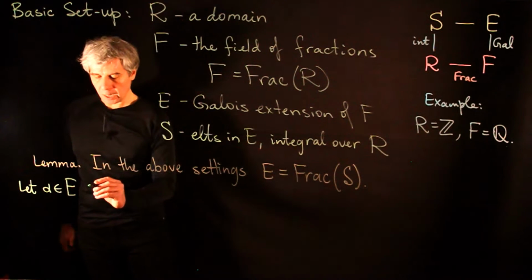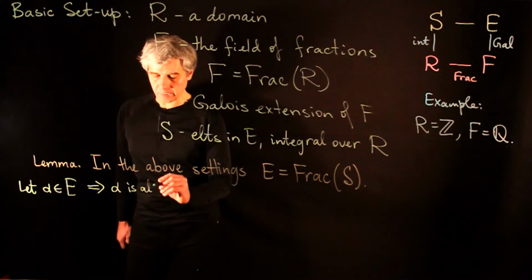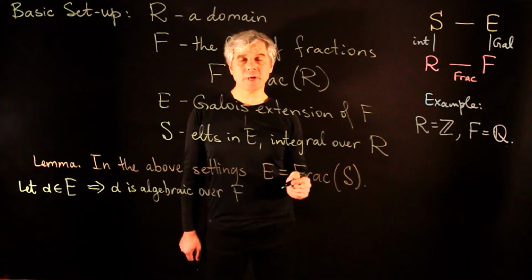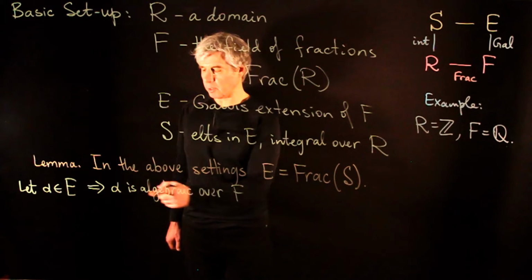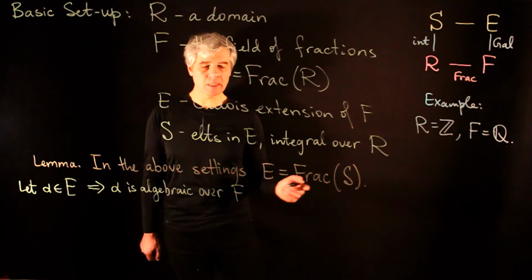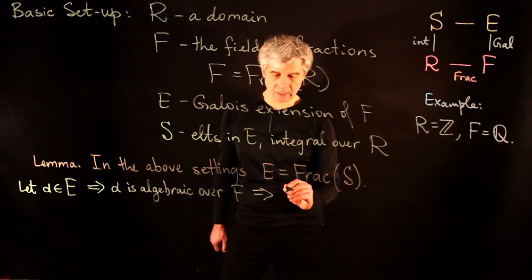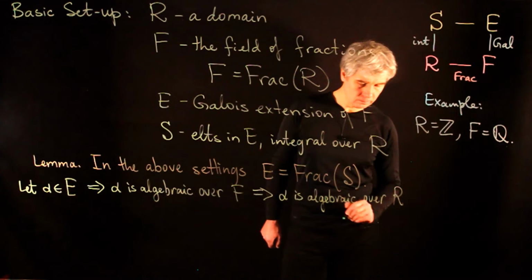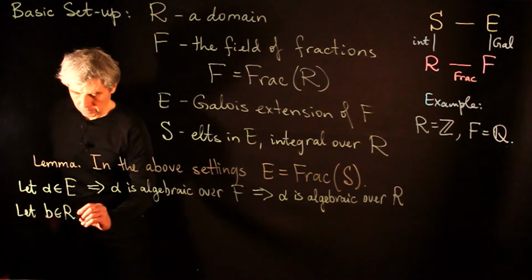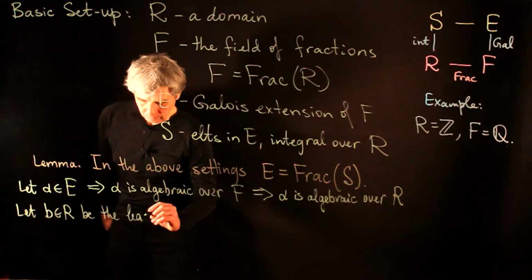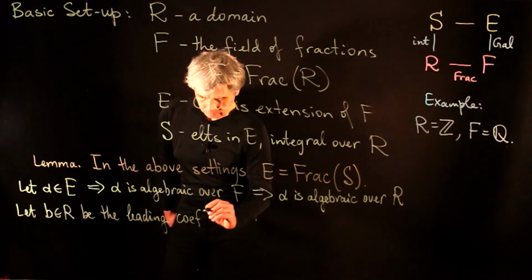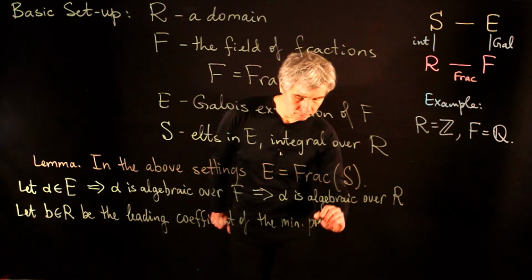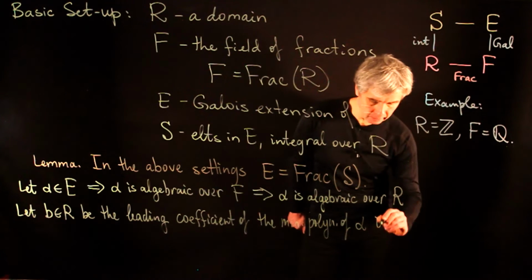Our field extension E is Galois, so this tells us that alpha is algebraic over F. But F is the field of fractions of R, so this means that if we have a minimal polynomial of alpha over F, then we can clear denominators and obtain a polynomial over R. So this tells us that alpha is also algebraic over R. Let B in R be the leading coefficient of the minimal polynomial of alpha in R[x].